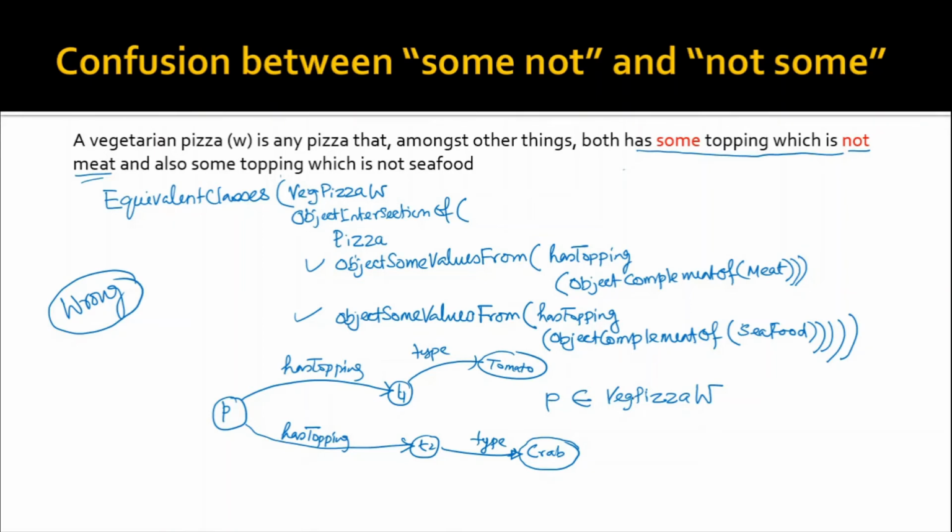If you want to correctly define it, we need to really exchange the position of the some and not. So you should say that it does not have some topping that is meat, and does not have some topping that is seafood, right?